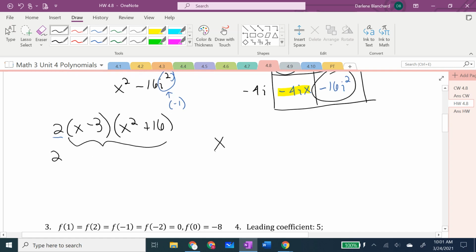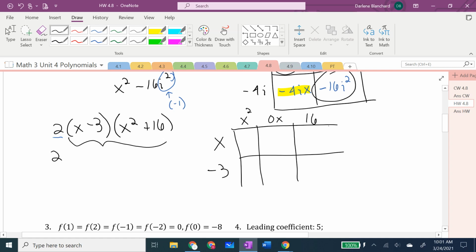So as I multiply them, I've got x minus 3. And you have a choice. You can do just x squared and 16, or you can do x squared plus 0x plus 16. It's up to you if you want to do the 0 column or not.